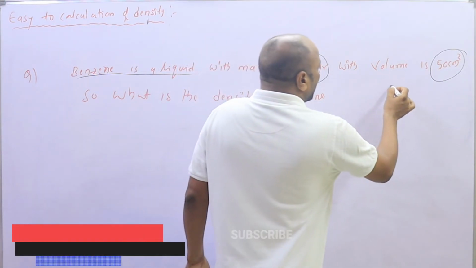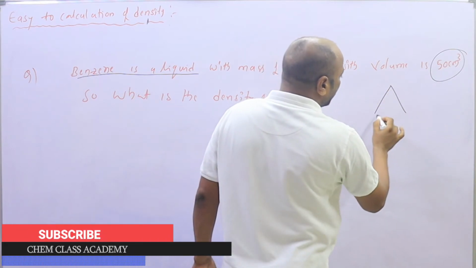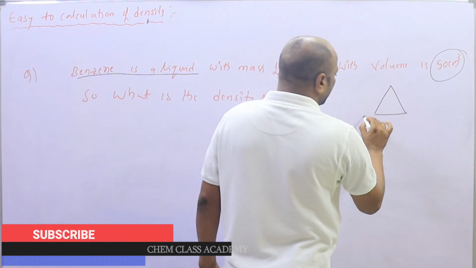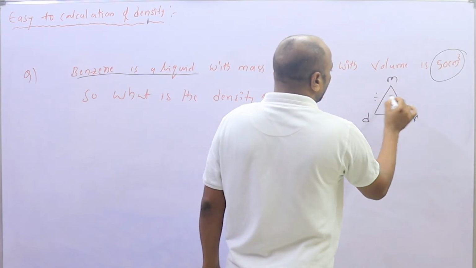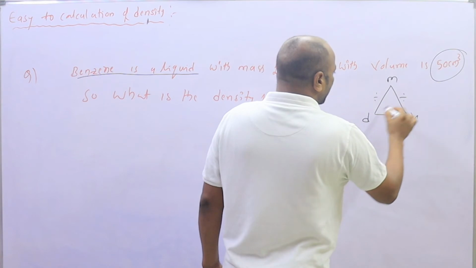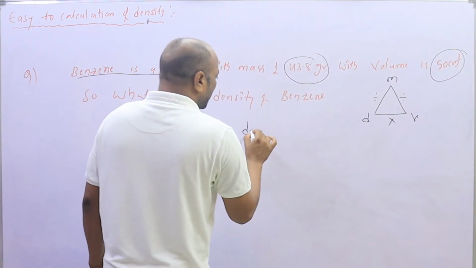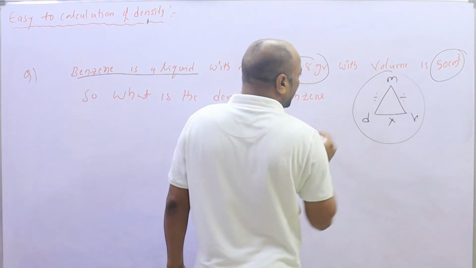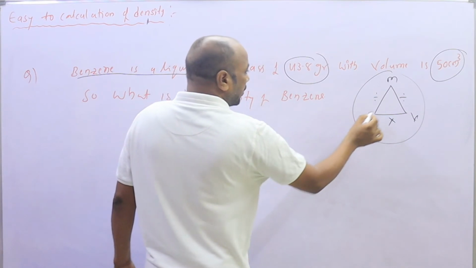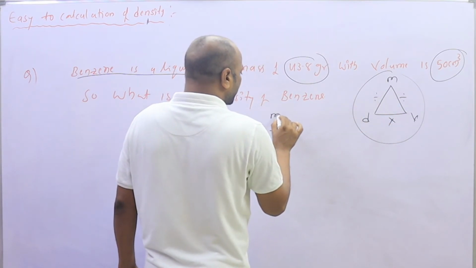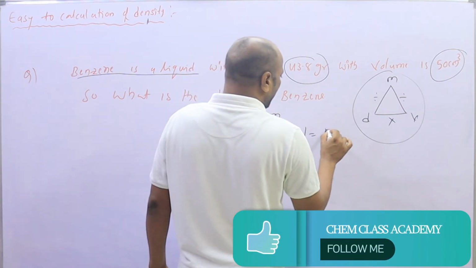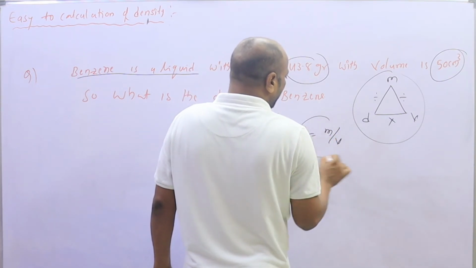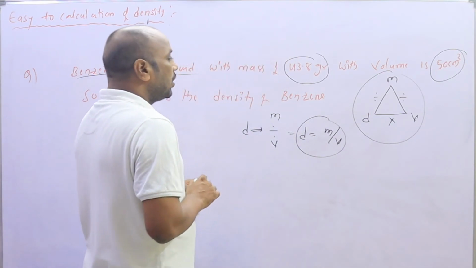You already know the density formula, but this is easy to understand: density, mass and volume. From this diagram, density is equal to mass divided by volume. So density is mass by volume.